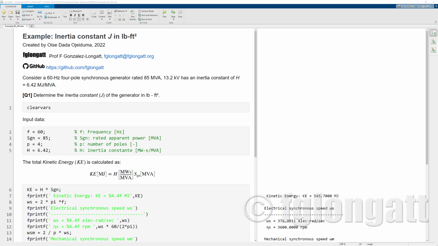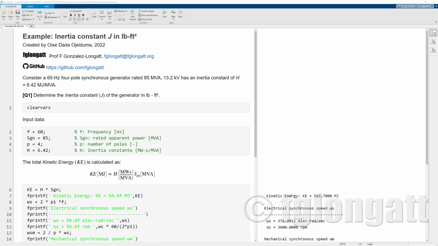And I will be showing a very simple, very specific case. It's a numerical example about the inertia constant. We are using the letter J. And this very specific example is to show you that the units are extremely important when you are working with electromechanical systems.